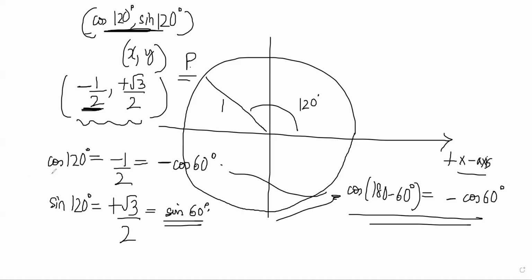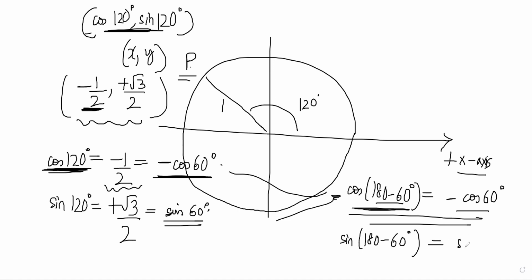Because we have defined cos 120 to be this, no? Which is equal to minus cos 60, correct? So we can say cos of 180 minus 60 is minus cos 60, while sine of 180 minus 60 is equal to sine 60, right? Yes.